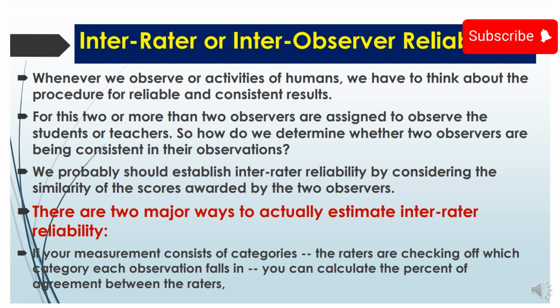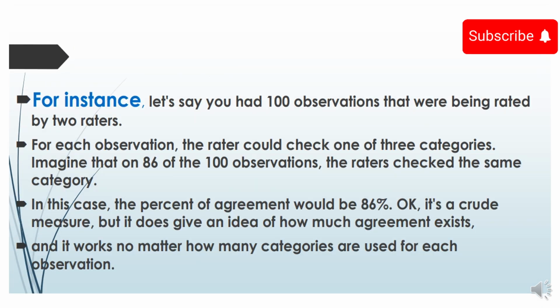If your measurement consists of categories, the raters are checking off which category each observation falls in. You can calculate the percent of agreement between the raters. For instance, let's say you had 100 observations that were being rated by two raters. For each observation, the rater could check one of three categories.